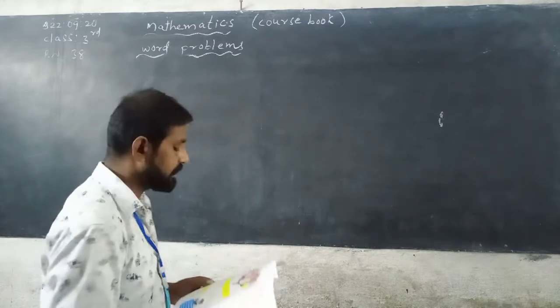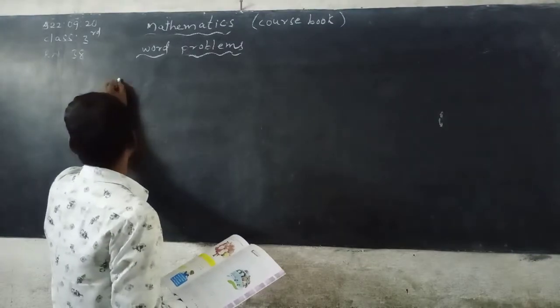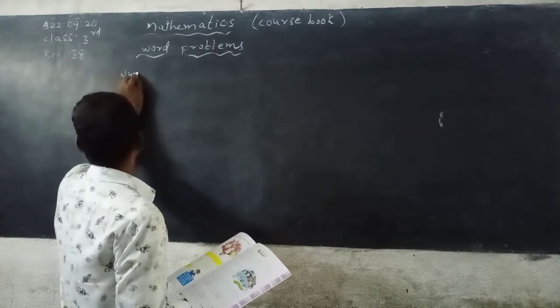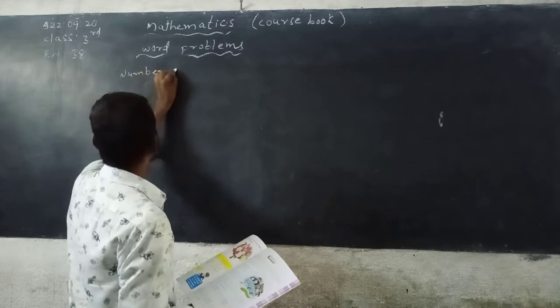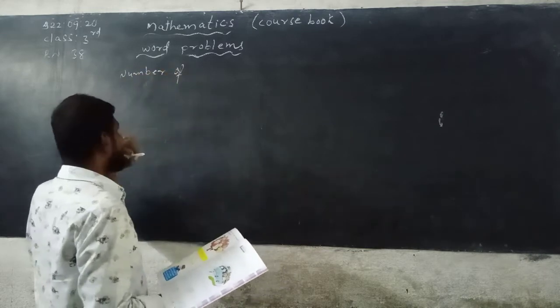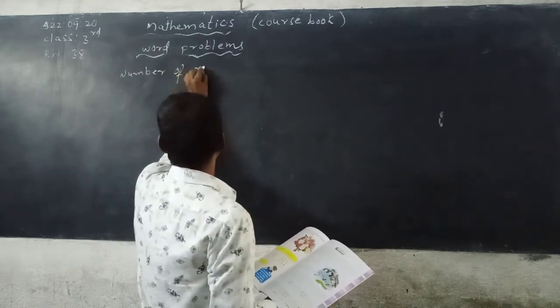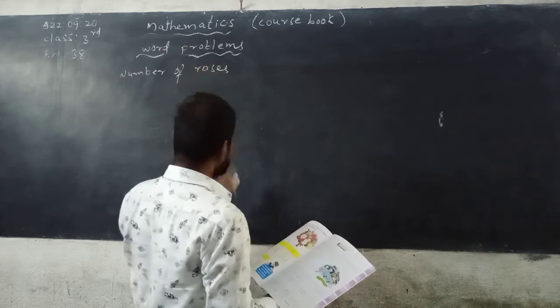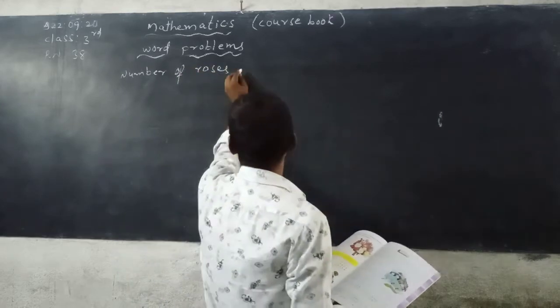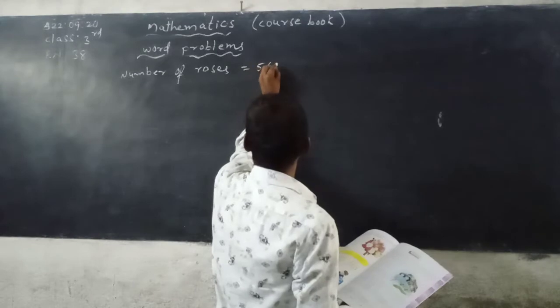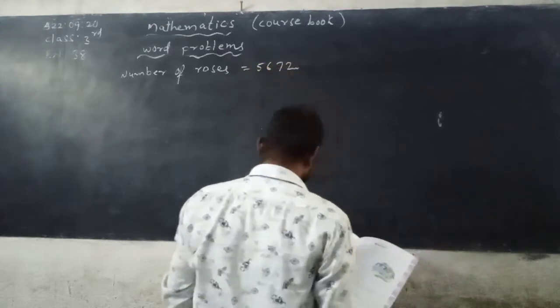So you can write here, number of roses is equals to 5,672.